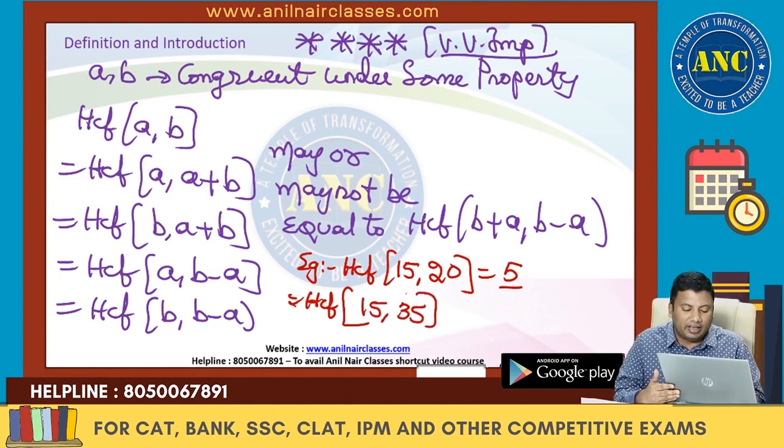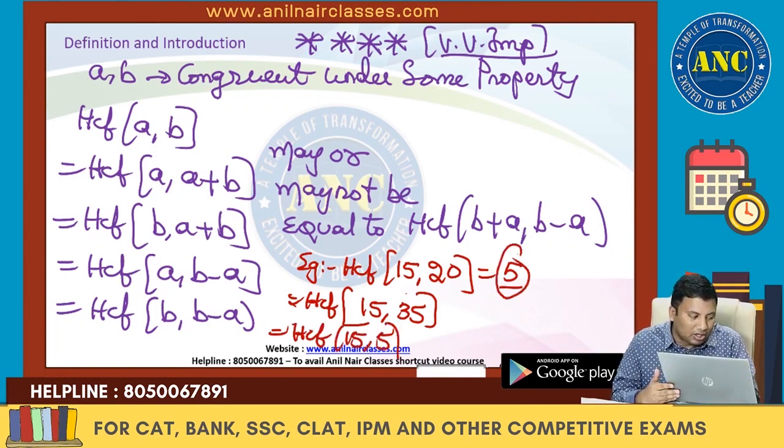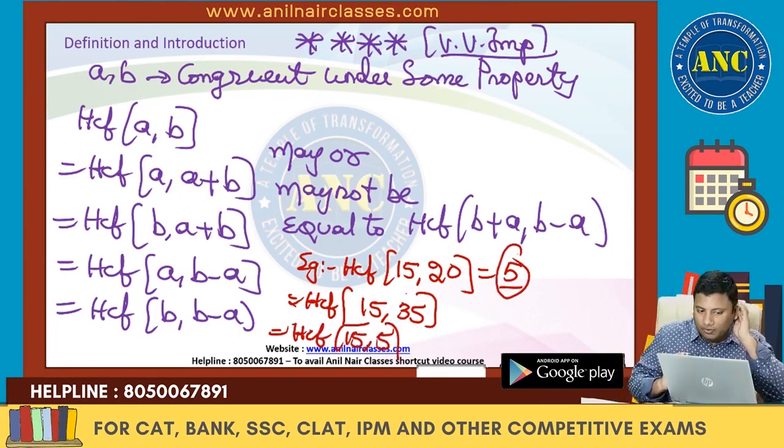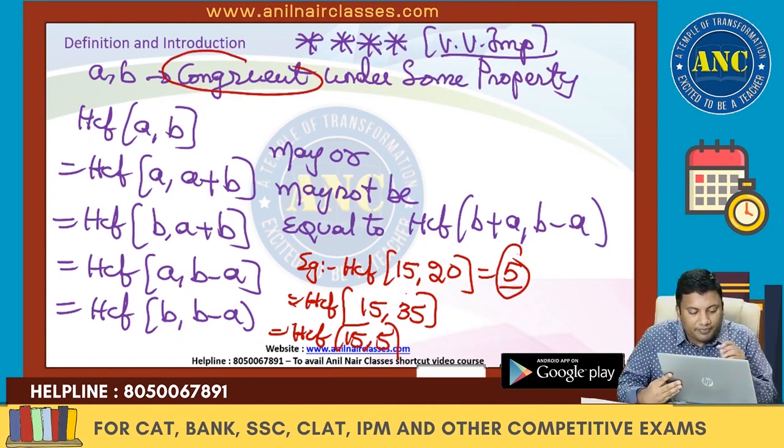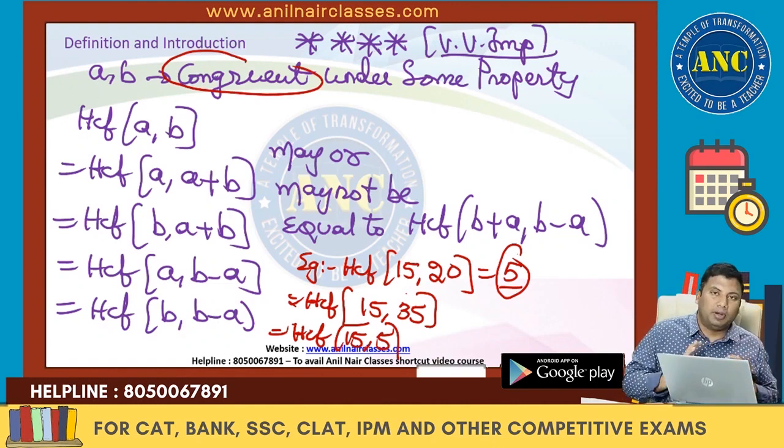HCF of 15 and 35 is 5. HCF of 15 comma 20 minus 15, which is 5, is also 5.